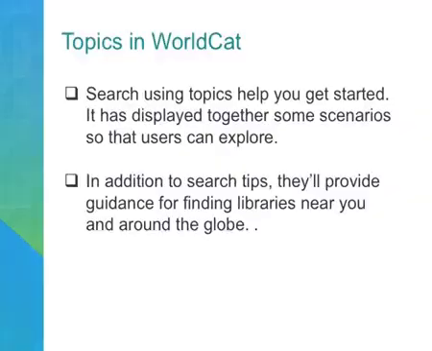Apart from that, WorldCat also has a provision of topics. Searching using topics helps you get started. It displays together some scenarios so that users can explore. In addition to search tips, it provides guidance for finding libraries near you and around the globe.